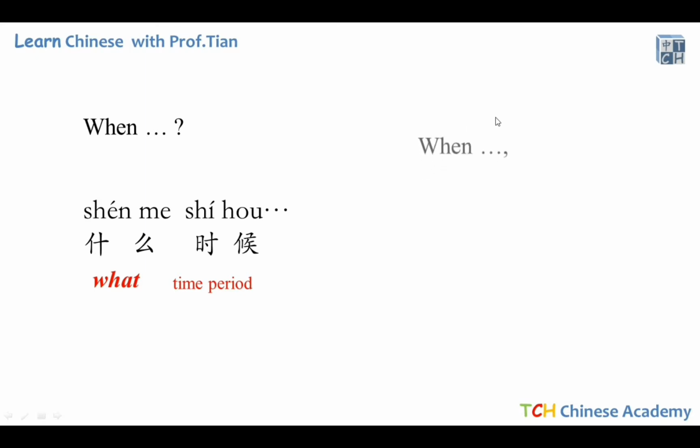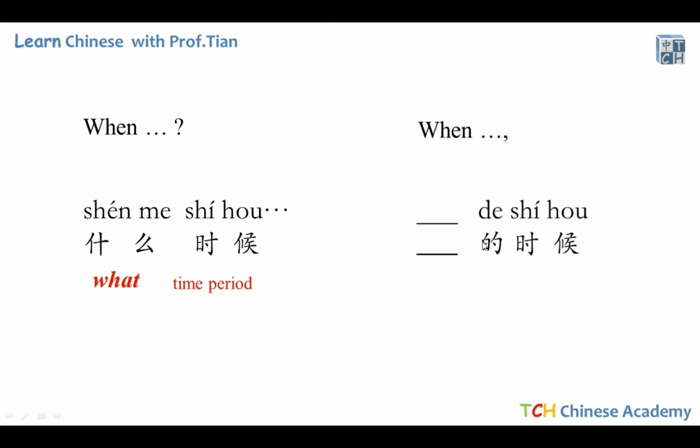Whereas the when in the statement is something something 的时候. So this 的 is of, and 时候 the same, is time period. So we're expressing during the period of time of something. Okay, so let's see how we use them in the real situation.